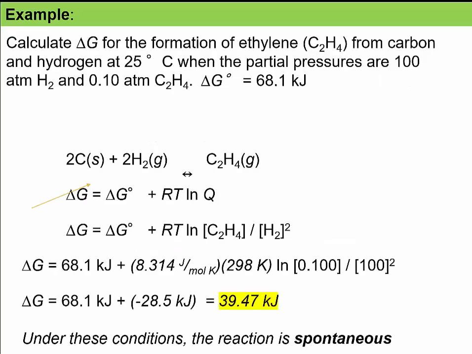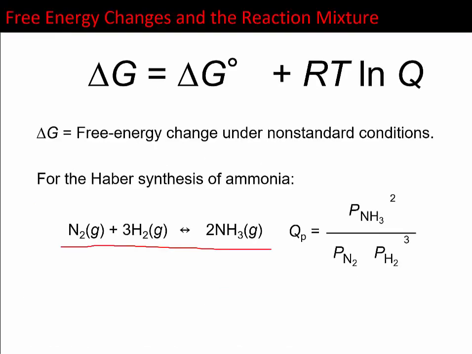So we want to calculate delta G. Once we know what those values are, we can go ahead and solve for our delta G under those non-standard conditions. Just got to solve what Q is. We got to then use that to adjust the values we look up from the table by a certain amount.